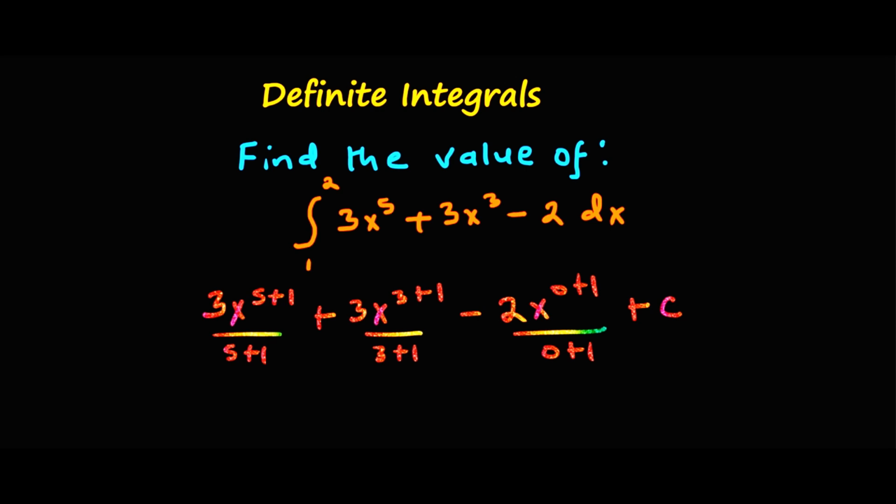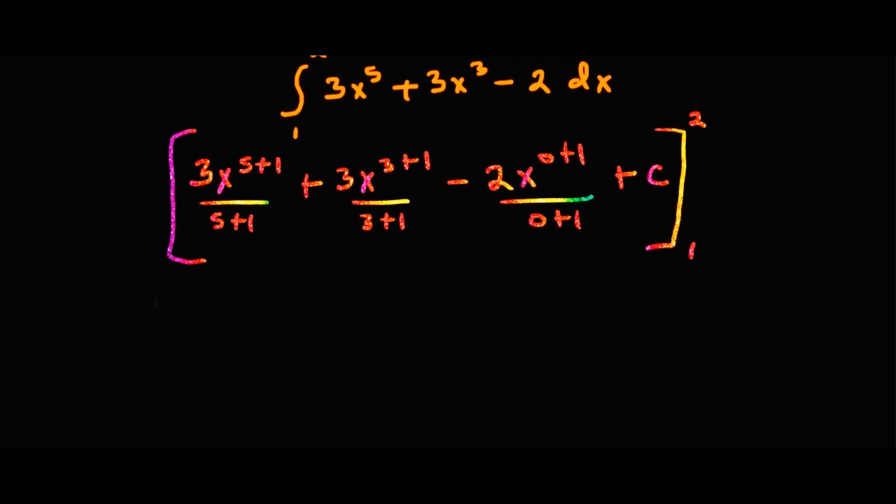Remember, it is important to add a constant of integration to stand for any other constant that might have been there. So after this, we just indicate the limits of integration, that is from 1 to 2. So let us simplify this.